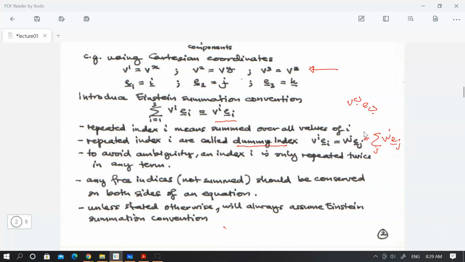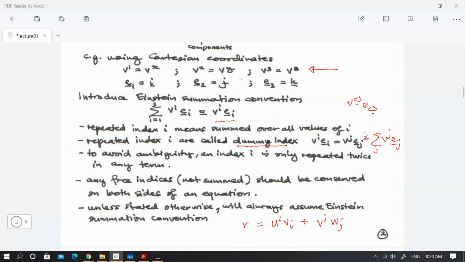Let's use a different symbol and say R is given by u_i v_i plus v_j w_j.